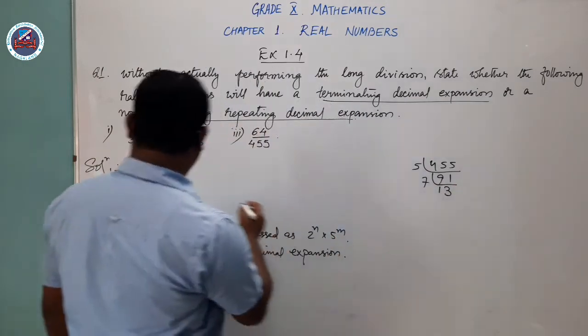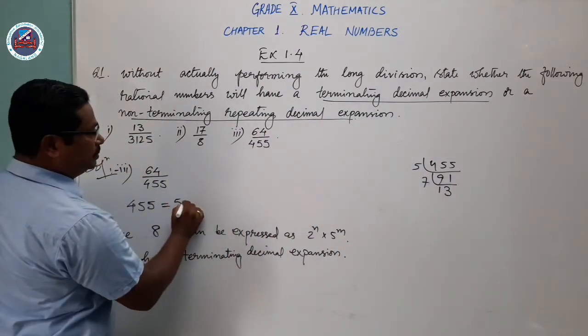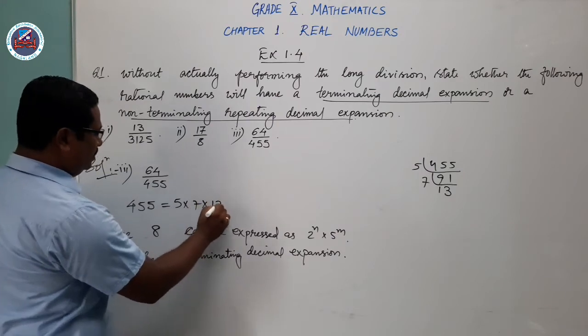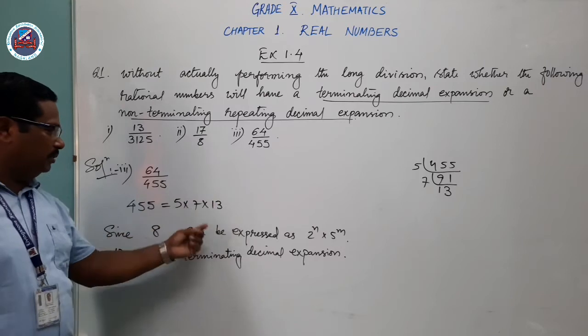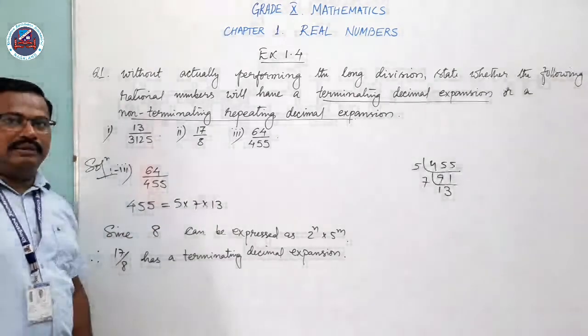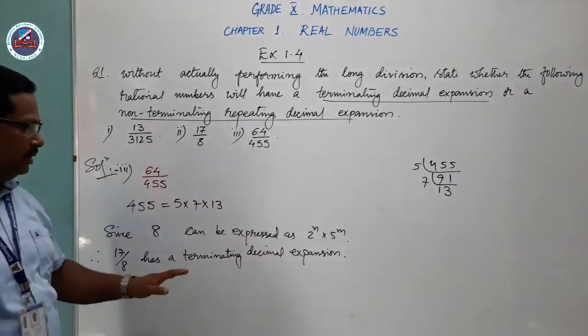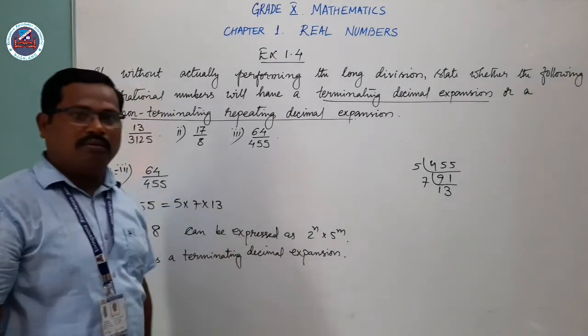So it comes out as 5 into 7 into 13. Even if you put 2 to the power 0, these two numbers are coming extra, so it's not required. We need only the factors of 2 and 5.